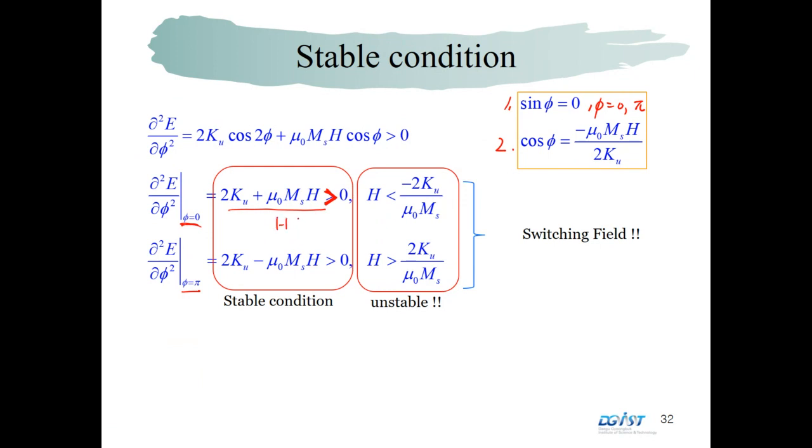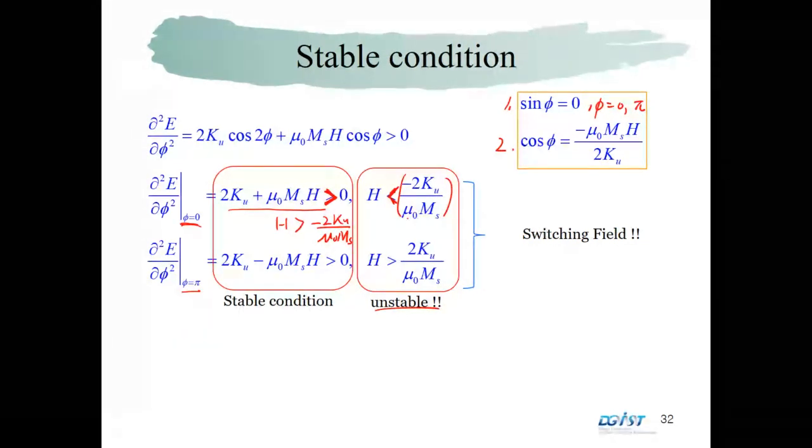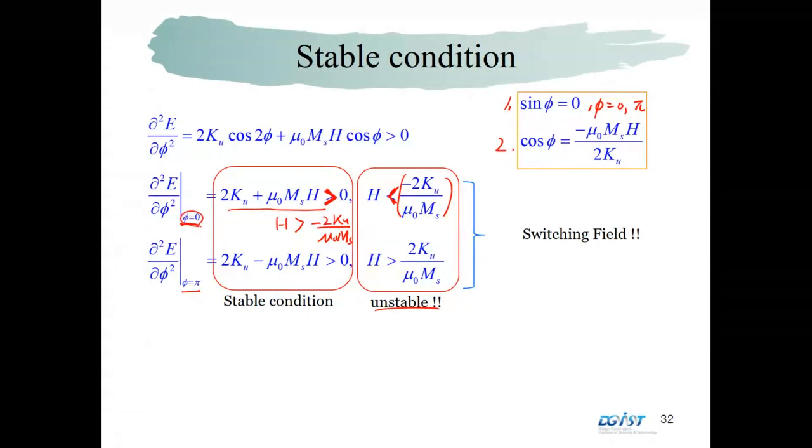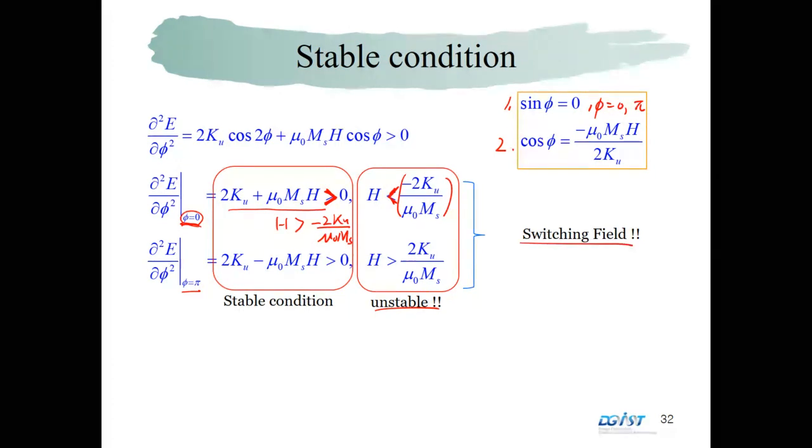So when the field is larger than this value, they are stable. But if it is less than this value, they become unstable. In other words, this state is no longer stable, so we need another stable point. That implies there is some switching.